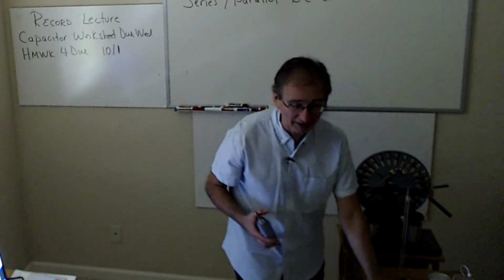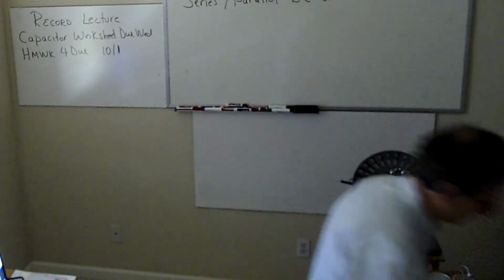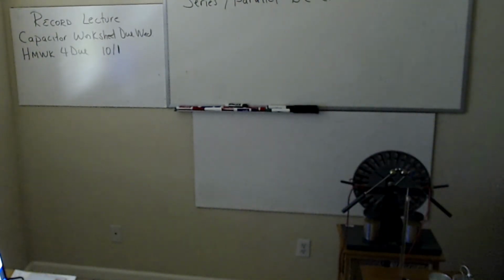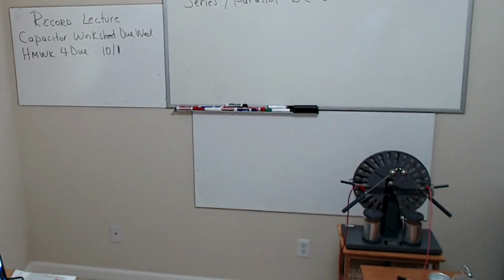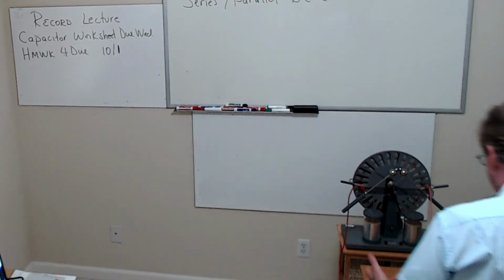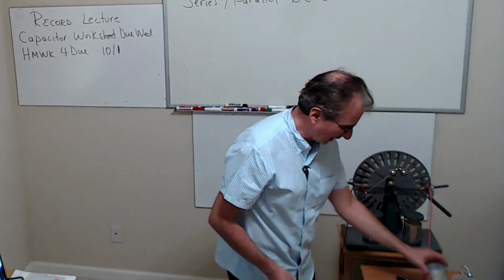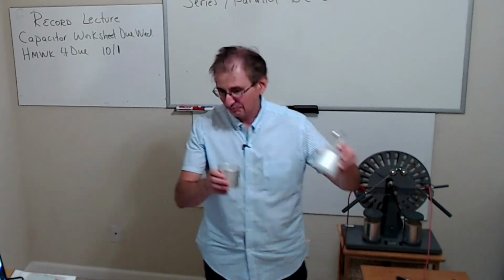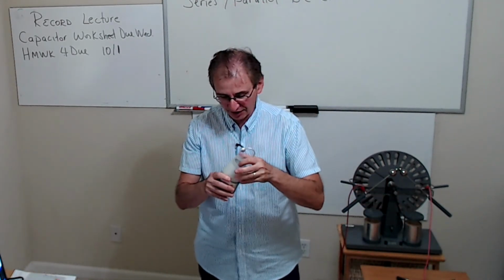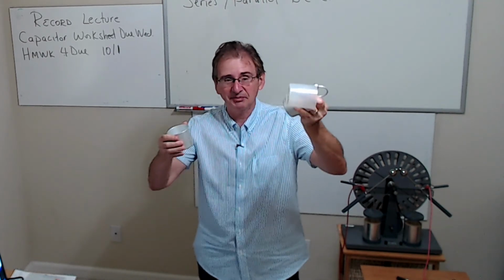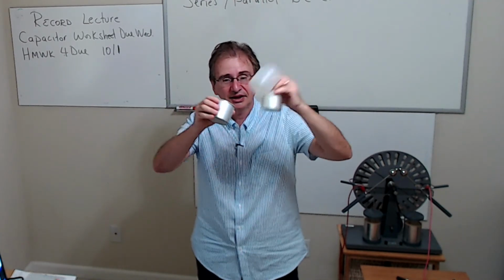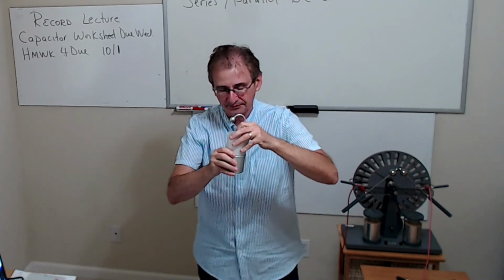All right, so let me do one more little demo. This next one's not as safe. Okay, let me turn the lights on a little bit. This has to do with dielectrics and capacitors. So I have what they call a dissectable jar. It's basically a capacitor, because I have two conductors and I'm going to put a dielectric in between them.